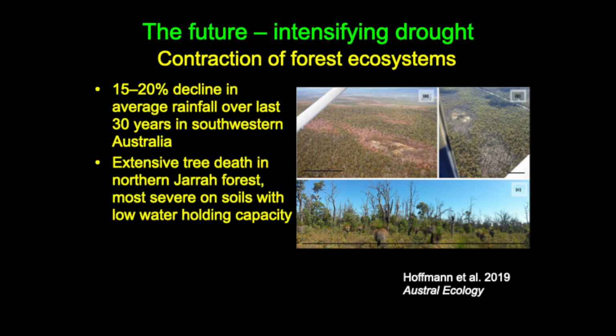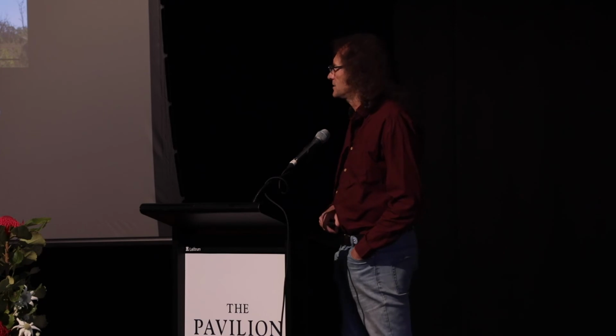Here's one example where there's been something like a 15-20% decline in annual rainfall in the southwestern corner of the Australian continent. And as a consequence of that, the Jarrah forest, which is reasonably widespread in southwestern Australia, is starting to fail in the soil types that have the lowest moisture retention capacity.